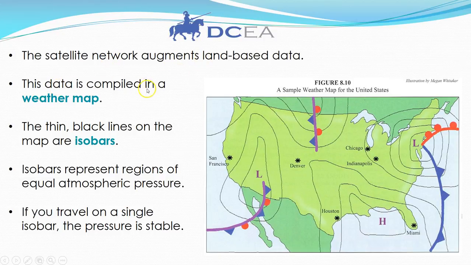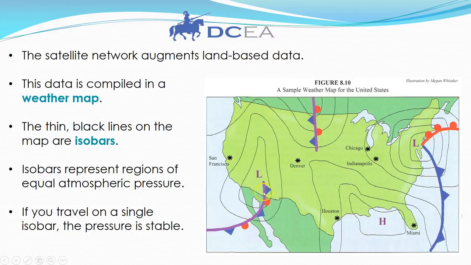The data is compiled in a weather map, and here's a sample of a weather map from our text. The thin black lines on the map are isobars. So that's these lines that you see going around the weather map. Isobars represent regions of equal atmospheric pressure.